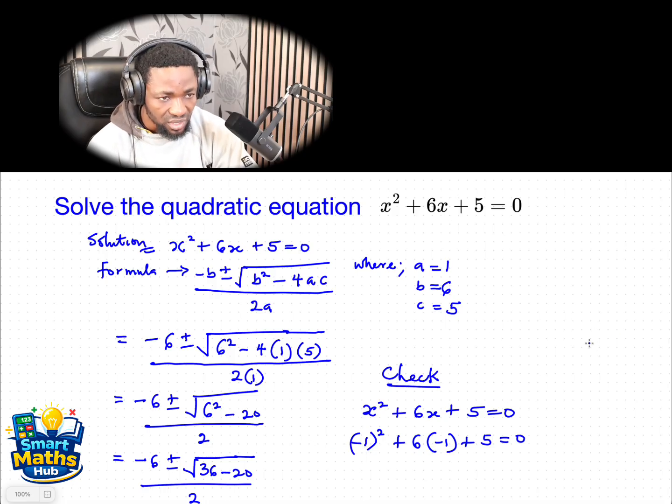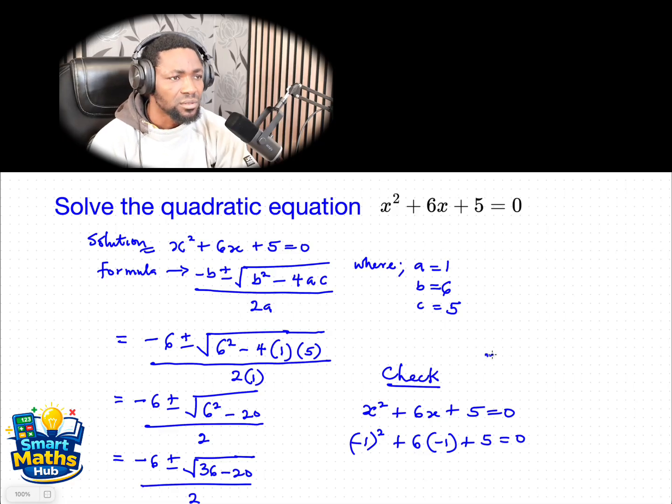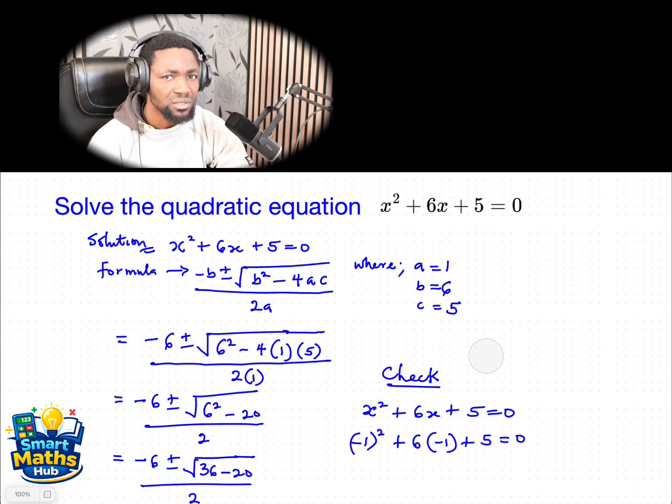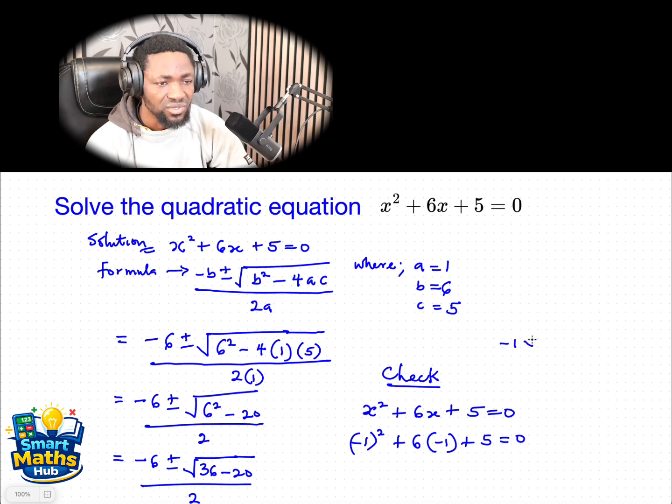Let me do it where you can see it very well. Minus 1 times minus 1: minus cancels minus, 1 times 1, so you have 1.